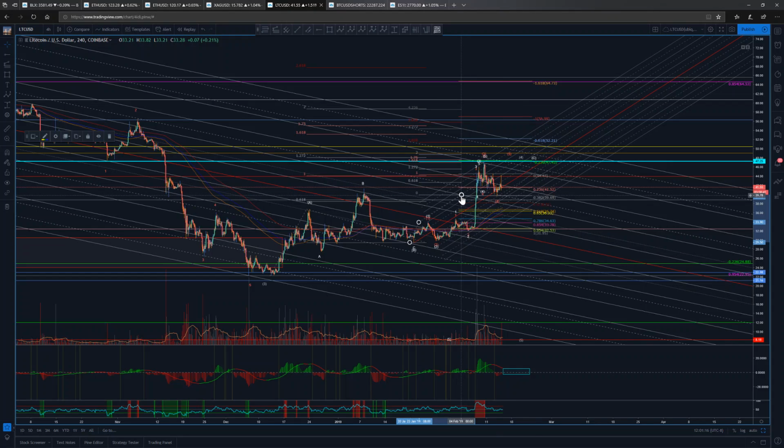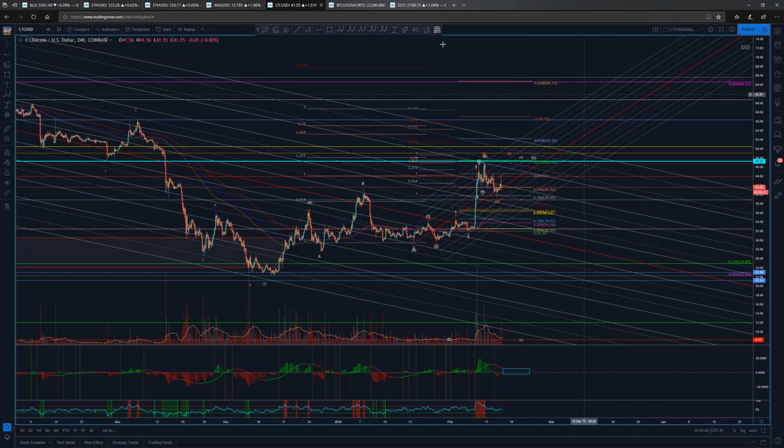I do not like truncated fifths, but they do happen. If you look, I pull this over, it's to the tick of the 100, to the tick. So keep that in mind as well. Move this back over. Right now I'm just building confluences like I showed you in the members only video.